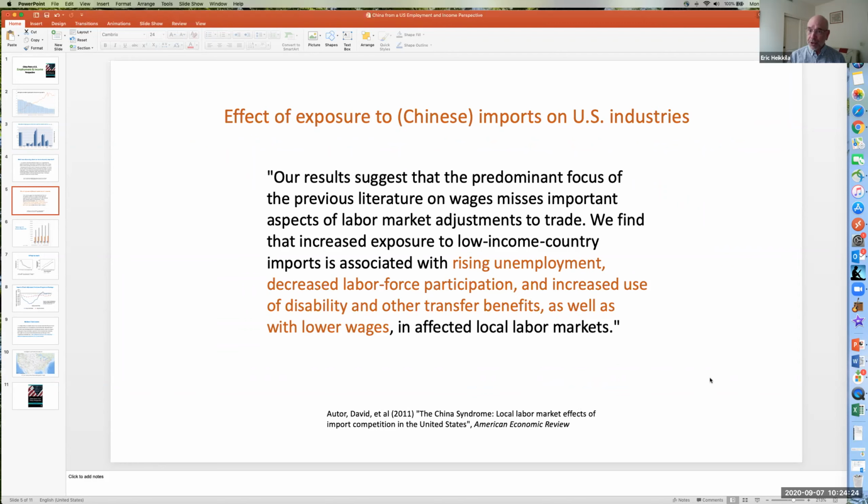In a careful study that they undertook, looking at regional markets, they find persuasive evidence showing that it's the ripple effects of loss of manufacturing jobs that impact the entire local market.